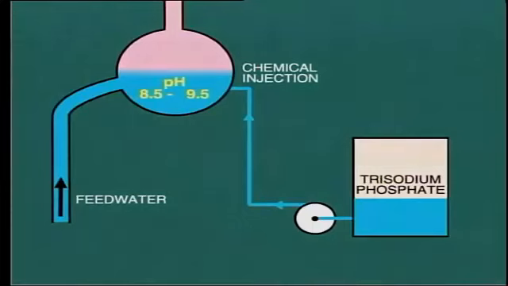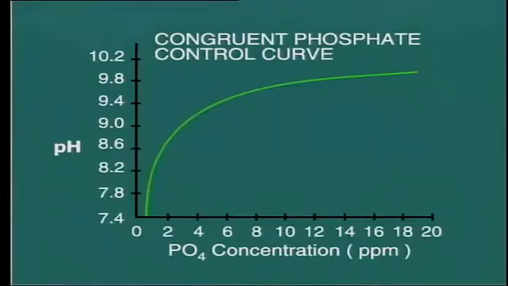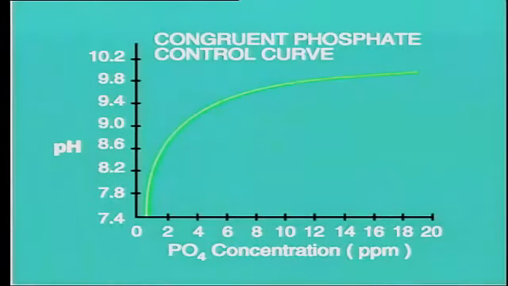In order to keep within this range, it may be necessary to use disodium phosphate instead of trisodium phosphate. The objective is to feed less sodium into the boiler with resultant reduction in free caustic. In many plants, the control of phosphate addition and pH is guided by a curve like this. This shows the maximum pH level which should be allowed for any particular concentration of phosphate in the boiler water.